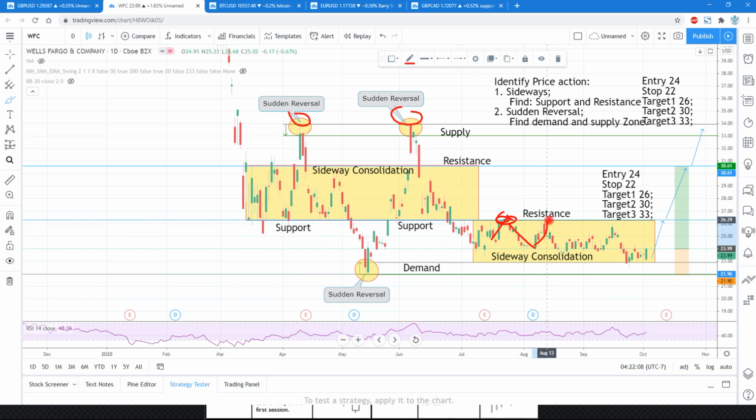Now, here we bounced off that level, but we never got that indecision candle. An indecision candle is a small body candle that appears at the level of support and resistance after a specific trend. I'm sorry, I lost my concentration here.